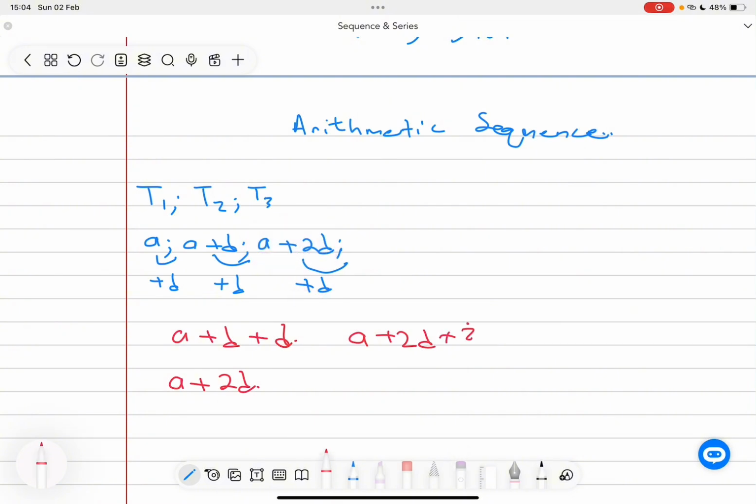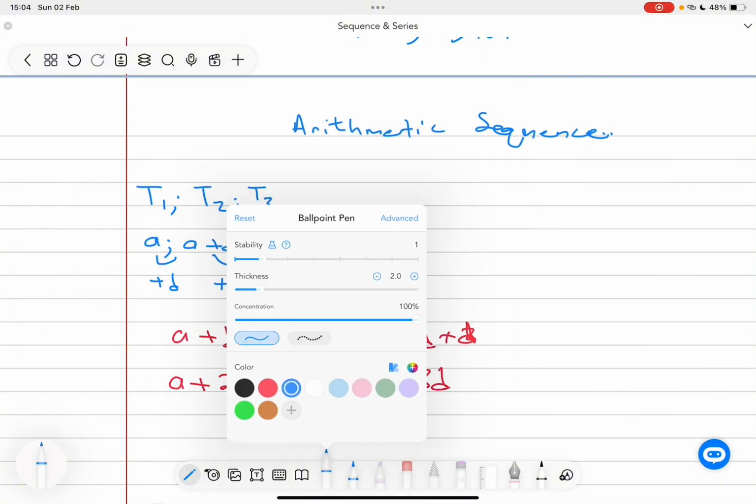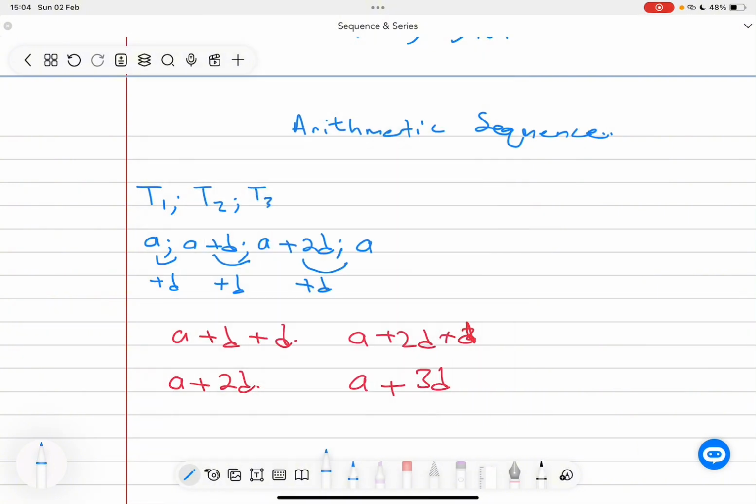So that now I'm going to have A plus 3D, because these two will give me a 3D. This will then mean that the next term is A plus 3D, and that is term 4. To extend the sequence, I can continue doing the same thing by adding the same number D to get the next term.